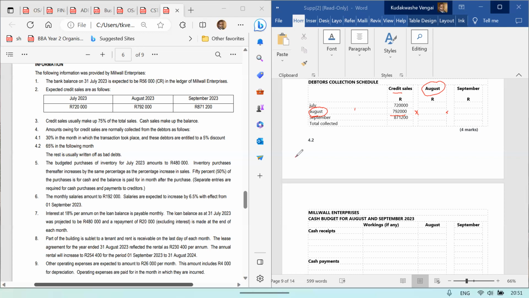But we are told that there is a 5% discount. So what is 5% of the answer that we got here?